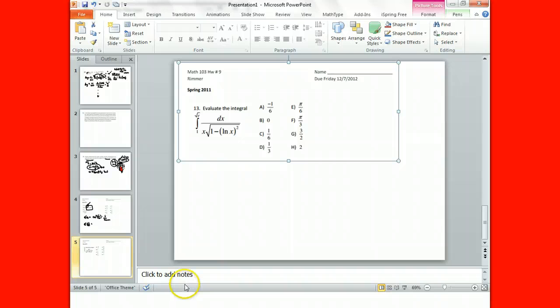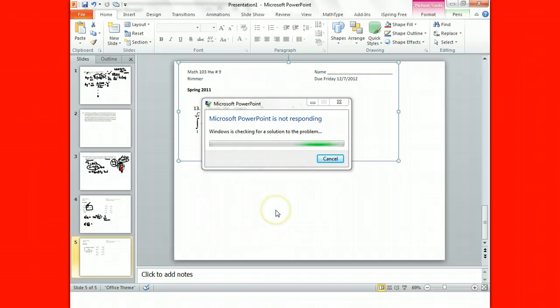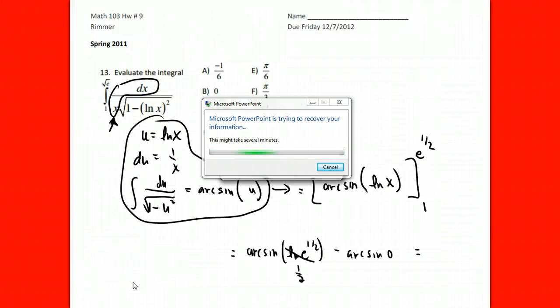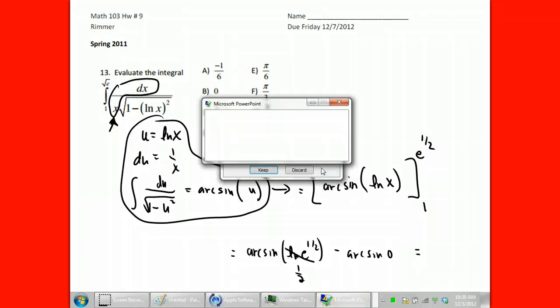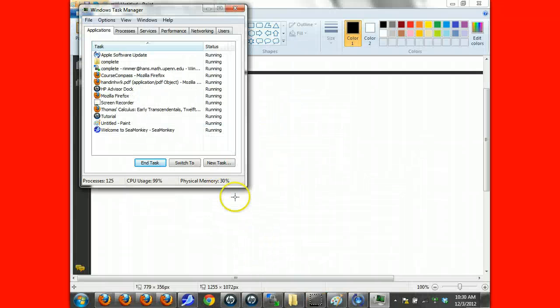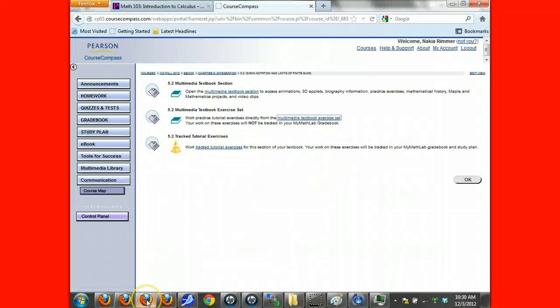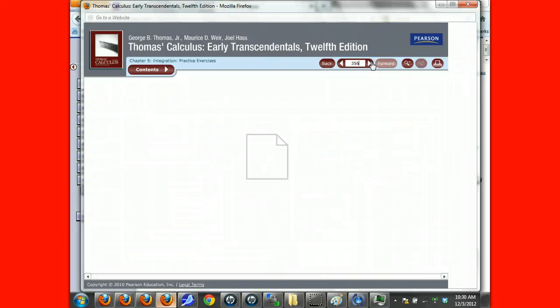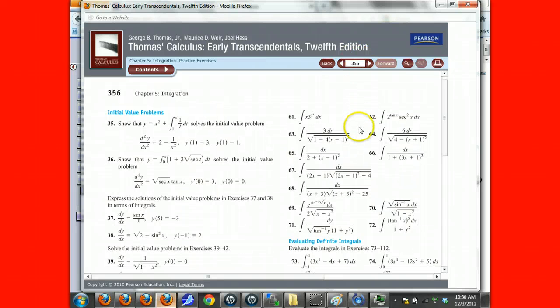What number again? 93. On page 356? Yeah. Just give me 1 second, sorry. Too much calculus for this computer. 356. Yeah. 93.